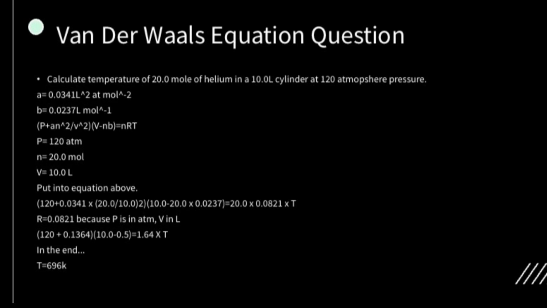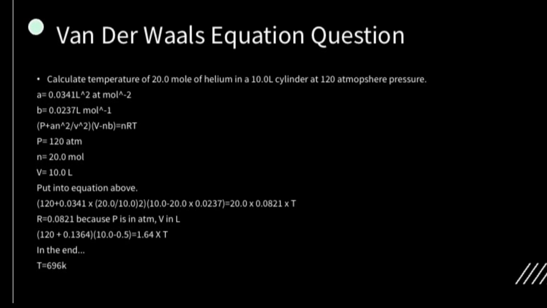And we'll use the equation, bracket P plus a n squared divided by V squared bracket times bracket V minus nb bracket equals nRT, where P equals 120 atm, n equals 20.0 moles, V equals 10.0 liters, and then we're going to put all of those into the equation above that we just stated.